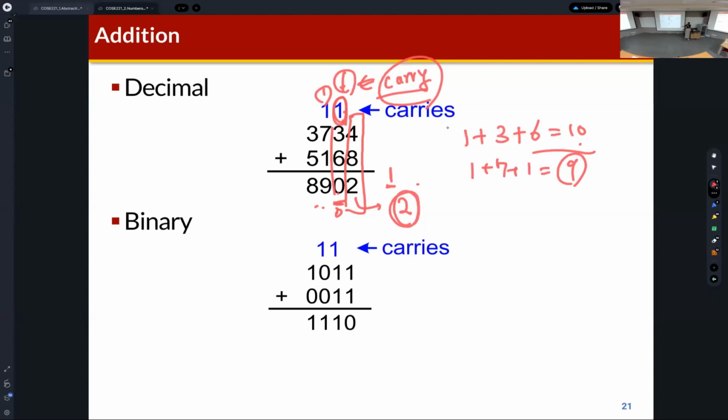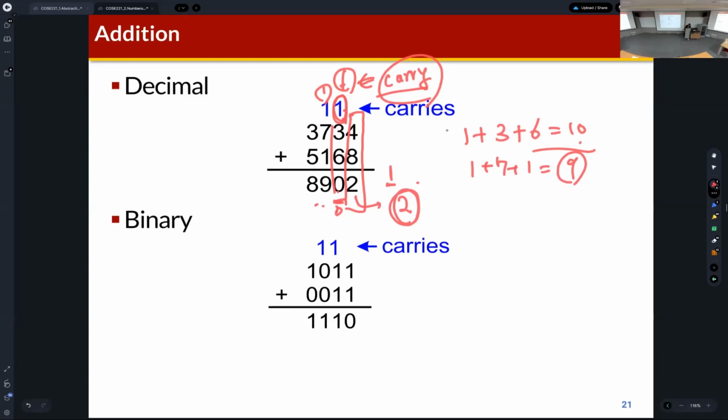Then how about the binary? Binary is the same, because we can apply the same rule to a different number system. For binary addition, we also start from the LSB, the addition in the LSB.